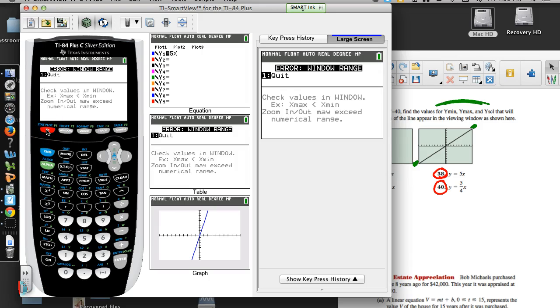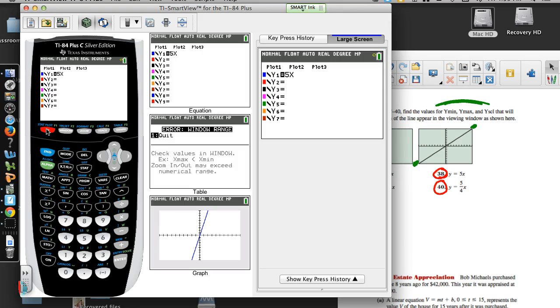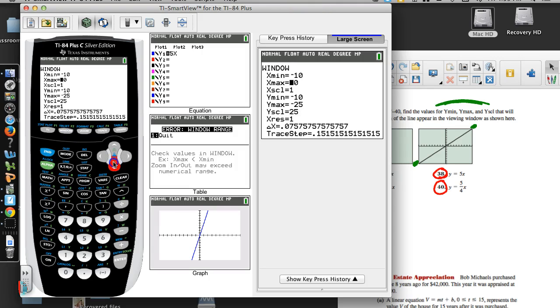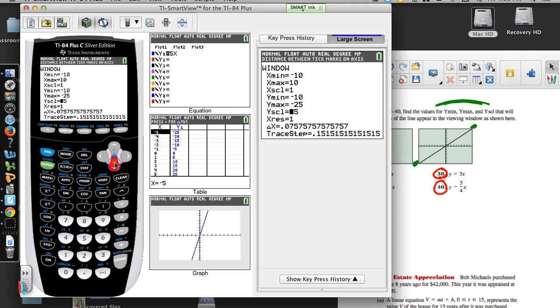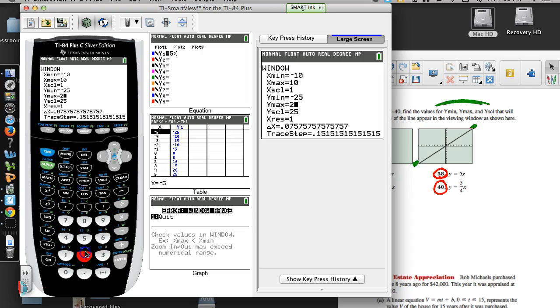And that is another thing where I am pushing this faster than this calculator can take it. So window, Y min, negative 25. Yeah, the buttons are slow. So I keep pushing the buttons and it takes it a second to catch up.